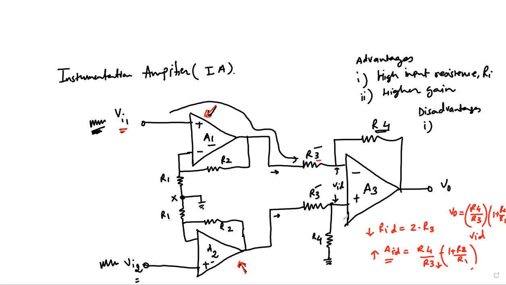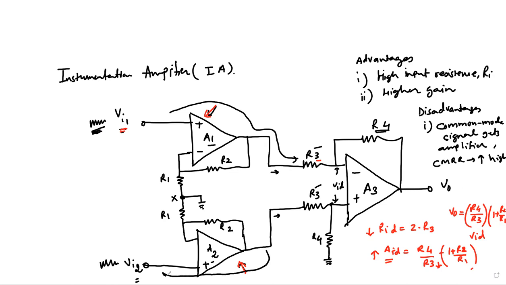So the problem is that the common mode signal gets amplified, or let's say the CMRR, common mode rejection ratio, is relatively higher. The second condition is that there has to be proper matching between the two signal paths.